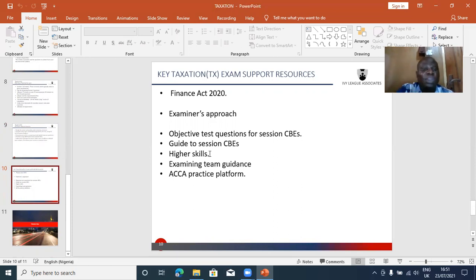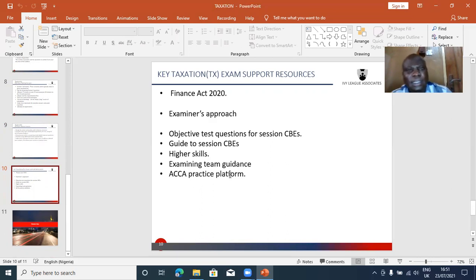So higher skills is a real deal. You need to read that article before the exam. It helps you to bring together different taxes, how they could interact with each other, and how they could be tested. Then we have exam team guidance. That's very important. And then we have the ACCA CBE platform where you need to practice.